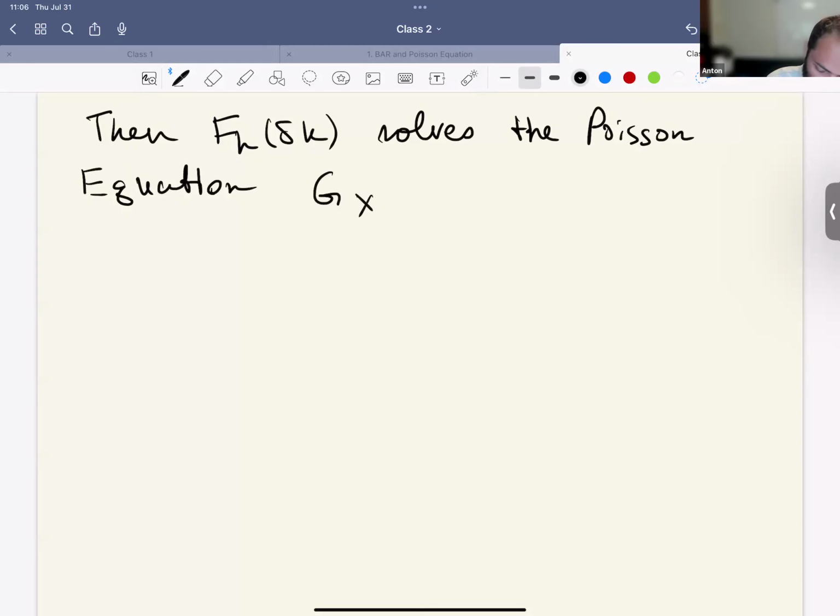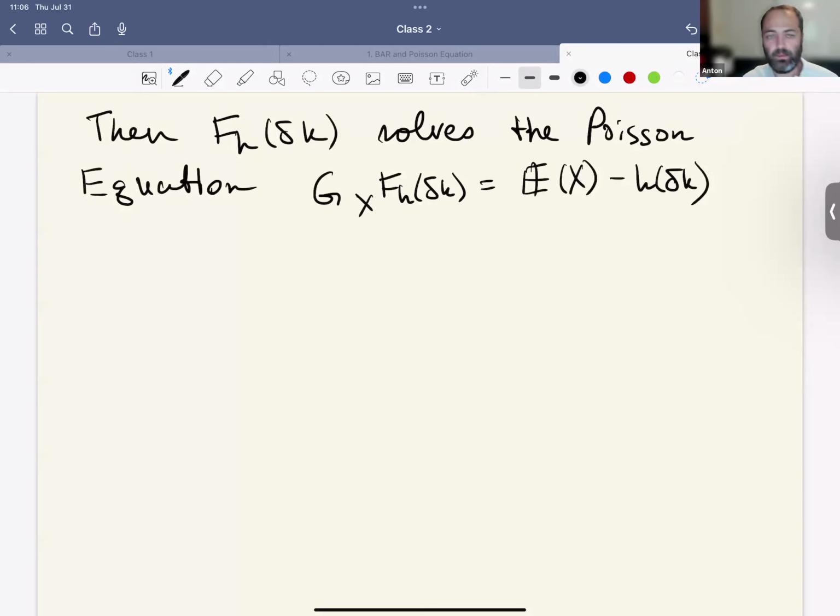G f sub h of delta k equals expected value of h of x minus h of delta k. Okay. And this is all for all delta k in the state space.